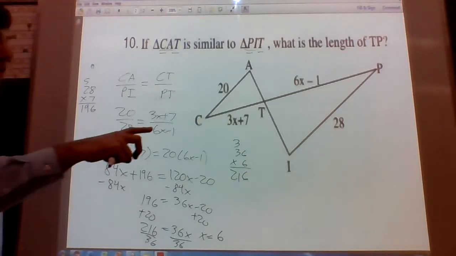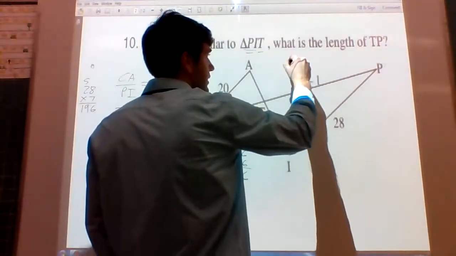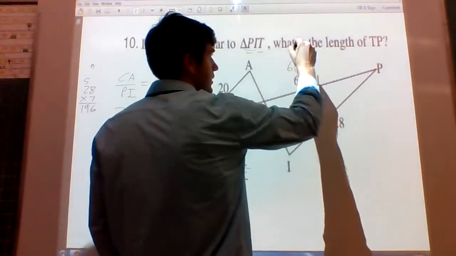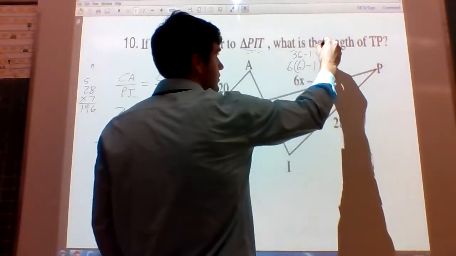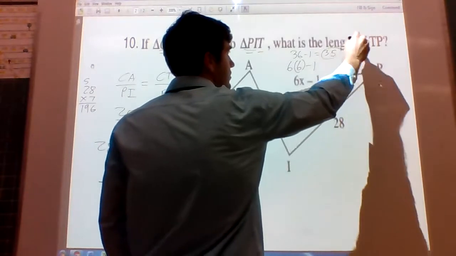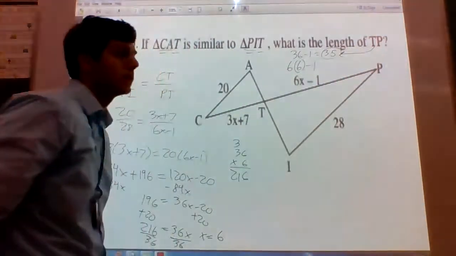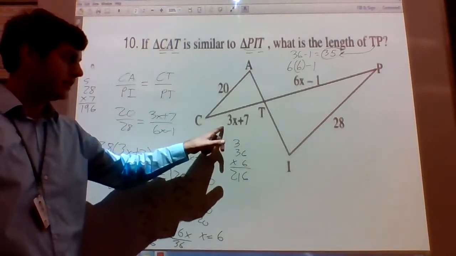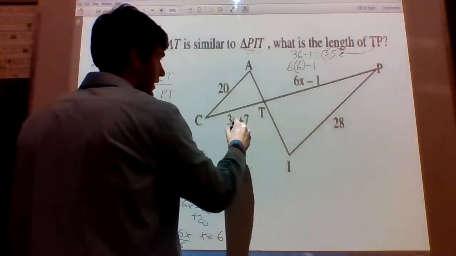What's the length of TP? So we want to do 6 times 6 minus 1, which is 36 minus 1, which equals 35. So TP is 35. We want to find the other one. 3 times 6 is 18. 18 plus 7 is 25.